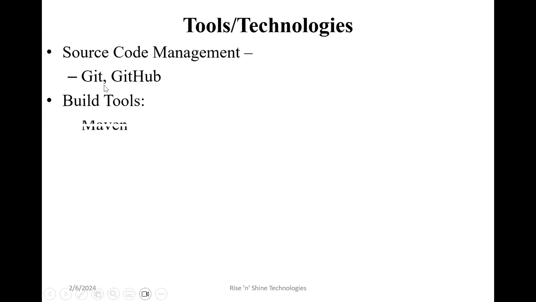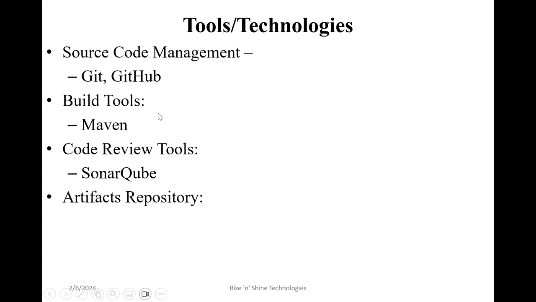So Git, GitHub, the Maven build tool, and code review, that is code quality verification. That is SonarQube. And how do we store the artifacts, that are the binary files? Where do we store them? We use Nexus for it.